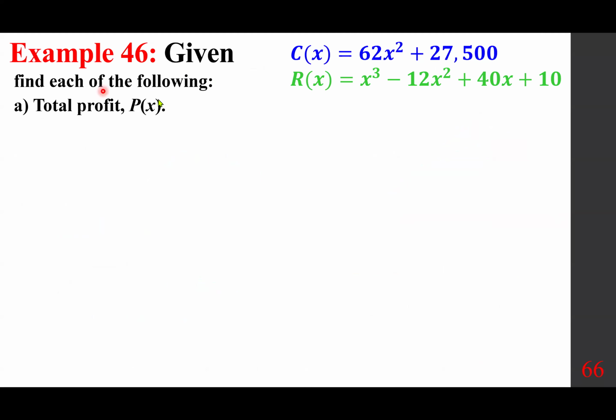Now with this question, find each of the following. We're going to find the profit when cost and revenue functions are given. And I hope you remember, profit by definition is revenue minus cost. So subtract the first from the second line.